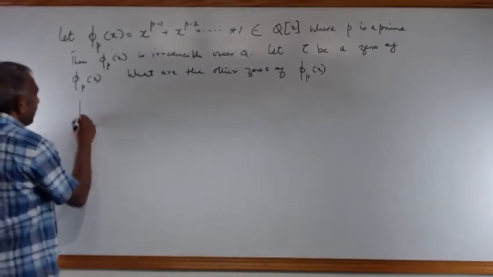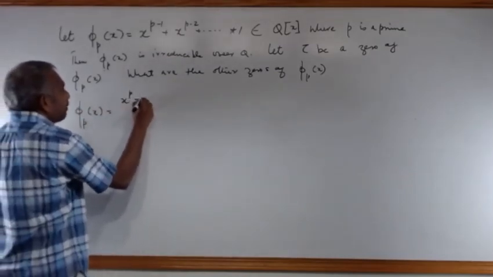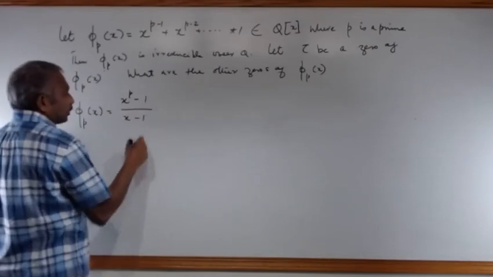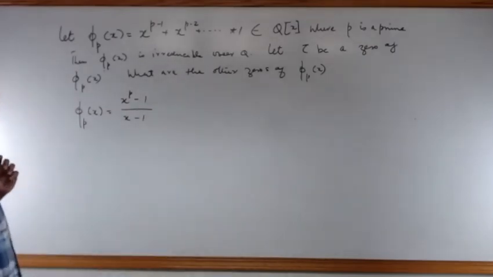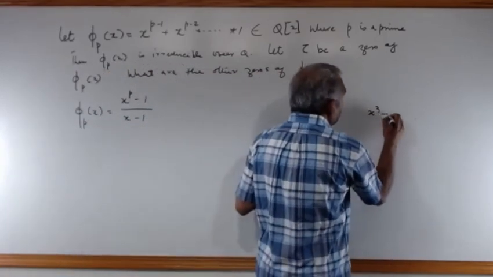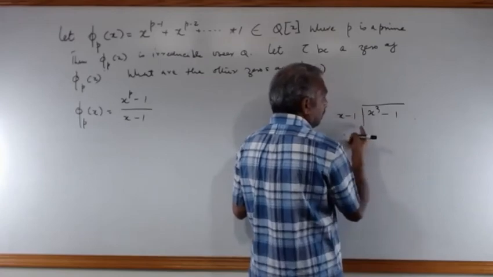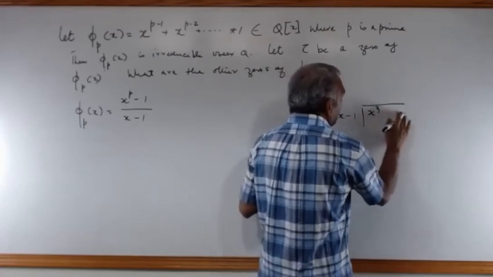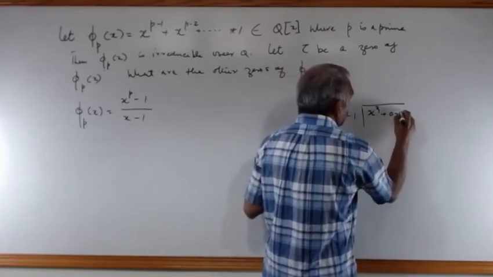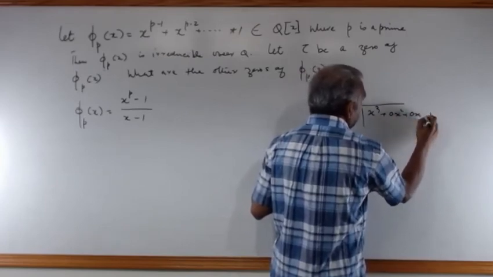This Φp(x) can be written as (x^p minus 1) divided by (x minus 1). For example, (x cube minus 1) divided by (x minus 1), this actually can be written as x cube plus 0 x square plus 0 x plus 1 minus 1.